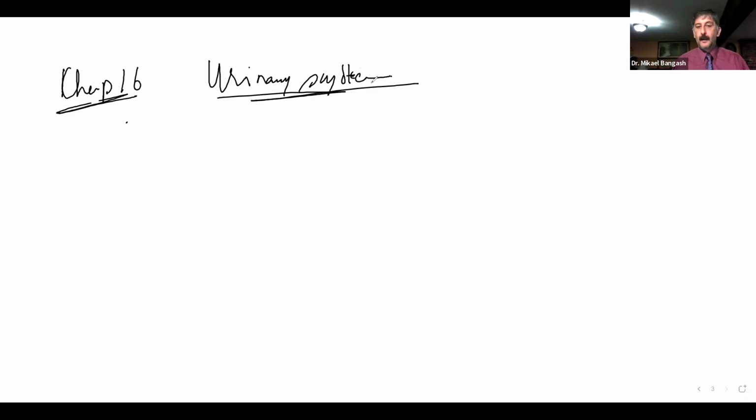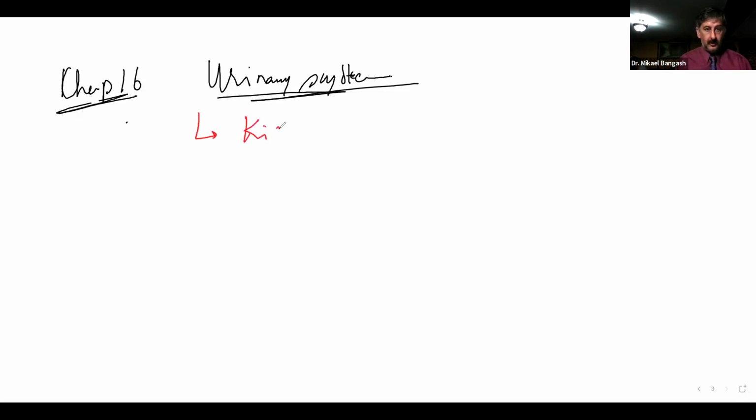And pretty much, just like the integumentary system, it is a small system with a limited number of structures. So anatomically, what is going to make up your urinary system?